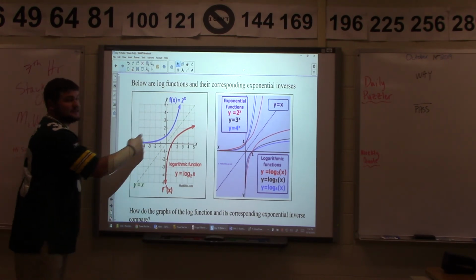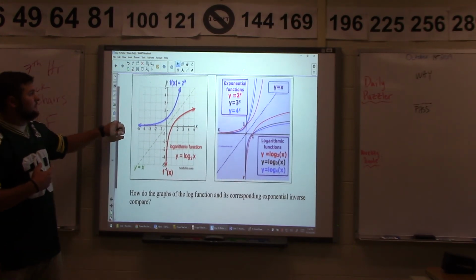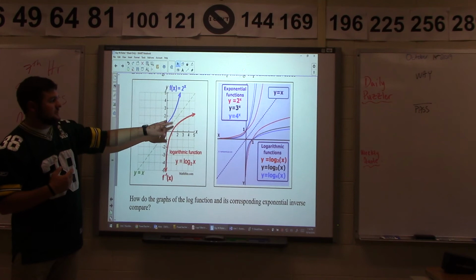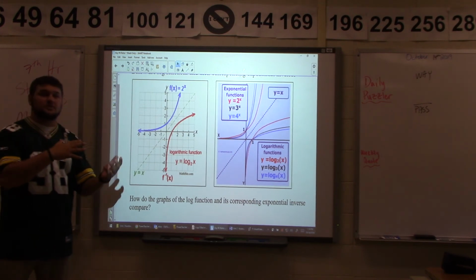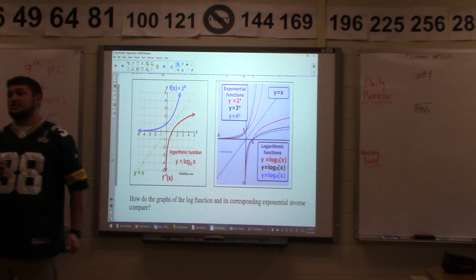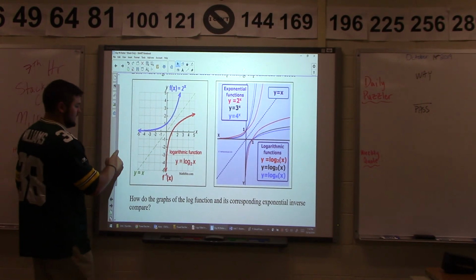So our y-axis becomes our asymptote for log functions. So if you look at them, exponentials and log functions are mirrors of each other. That's the big thing we need to get from this. Just like how we solve an exponential with a log, or a log with an exponential, they're mirrors of each other. Their graphs are mirror images of each other. How do they compare?